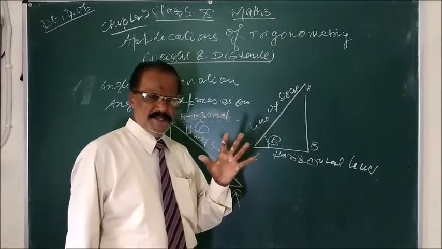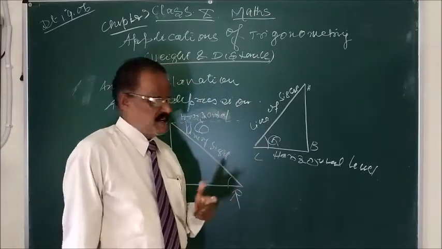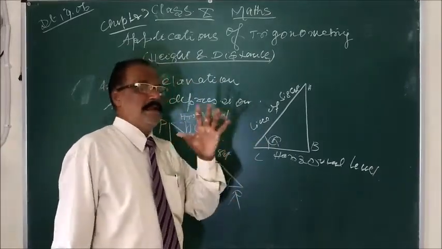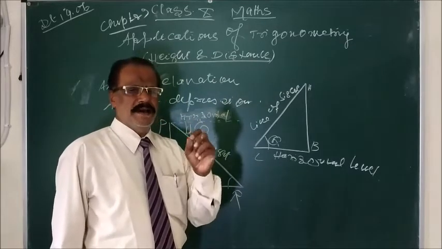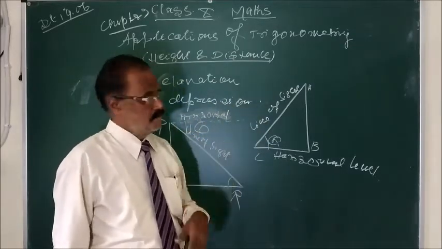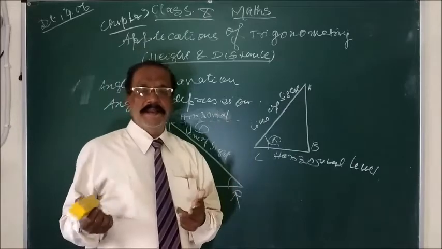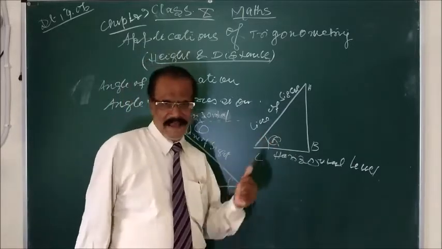Clinometer you will see in the project. Clinometer is a simple device you can construct in the math lab. With the help of a clinometer you can find this angle.